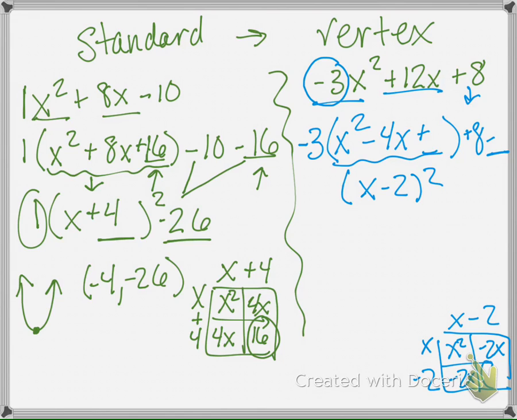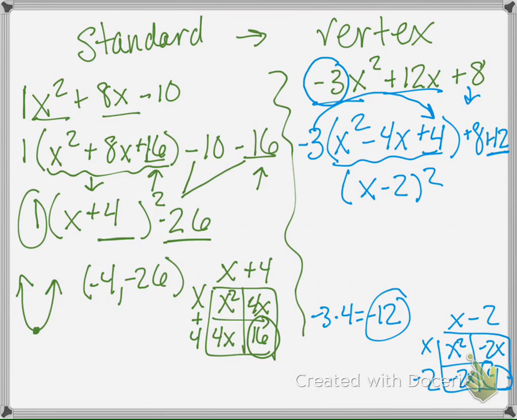So to finish that out, negative 2 times negative 2 is a 4, but I'm going to take a second to look at, I didn't add a 4 into my equation. I added a value of negative 3 times 4. So negative 3 times 4 tells me I added a value of negative 12 to my equation. To offset this negative 12, I need to add 12 on the outside just to keep my equation balanced.